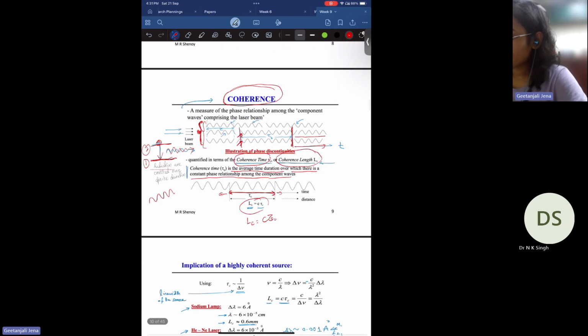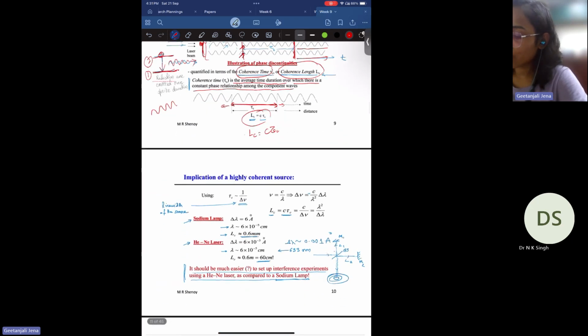Tau C, if you recall, is nothing but 1 by delta nu, where delta nu is the line width of the source. To express LC in terms of lambda, you know the fundamental relation between nu and wavelength, which is nu equal to C by lambda.